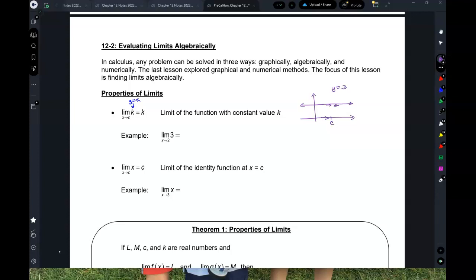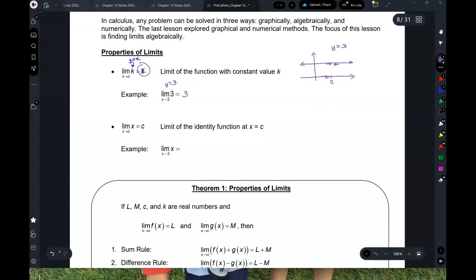Always that same value. So the limit as x approaches c of k is just k. If you take this example, the limit as x approaches 2 of 3, you have the function y equals 3, and the limit is always going to be that same number because the graph is always approaching that same number.